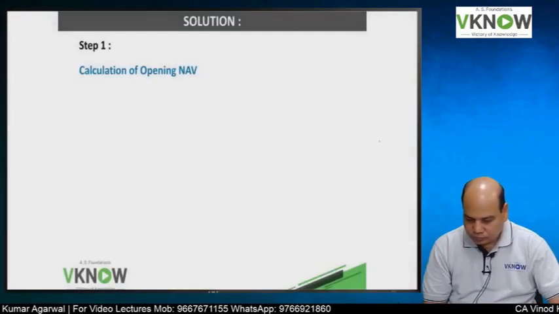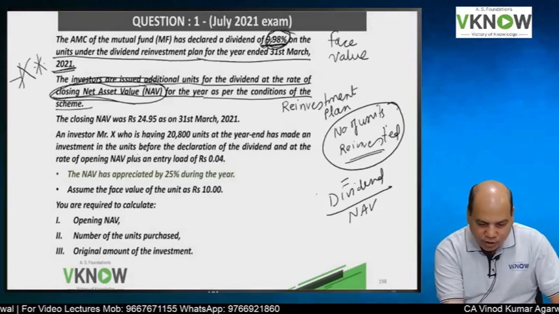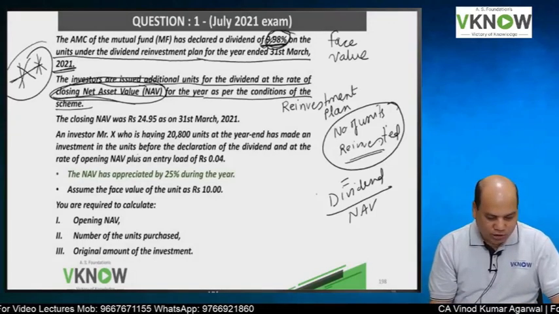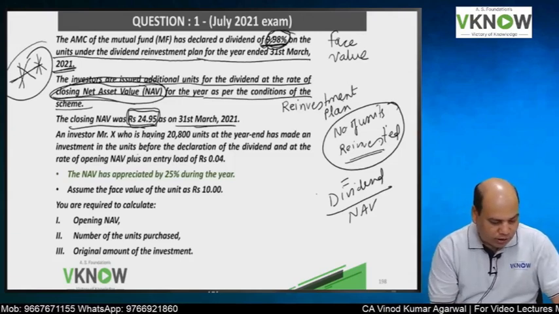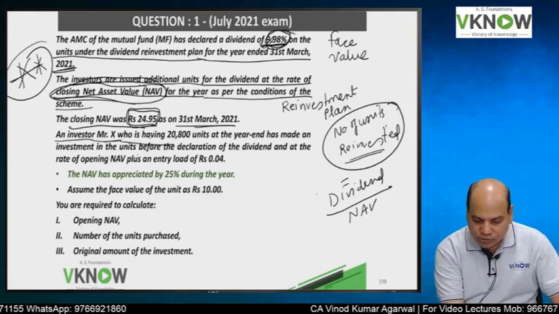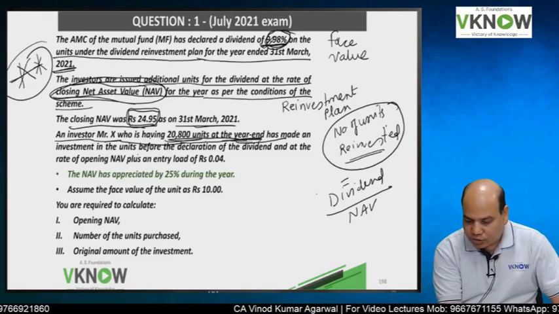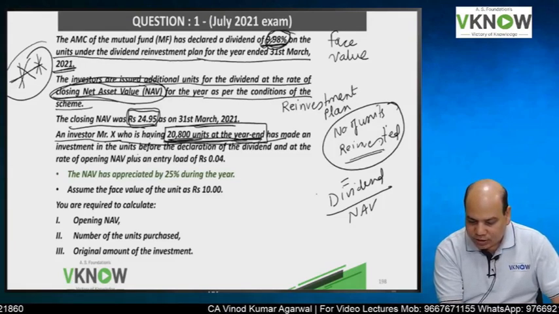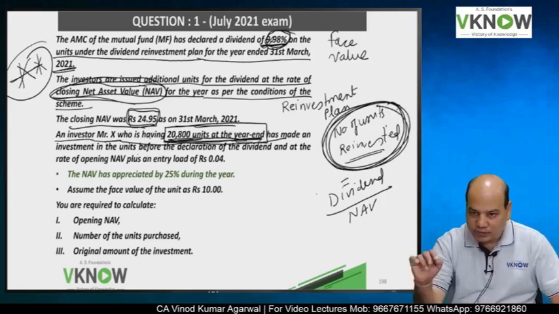Okay. Next line. This question is very, very important. I am going to ask you also to solve and you will check your intelligence. The closing NAV was 24.95 on 31st March 2021. An investor, Mr. X, who is having 20,800 units at year end, underline. So this fellow is holding 20,800 units at year end, means this is after adding the number of units reinvested.